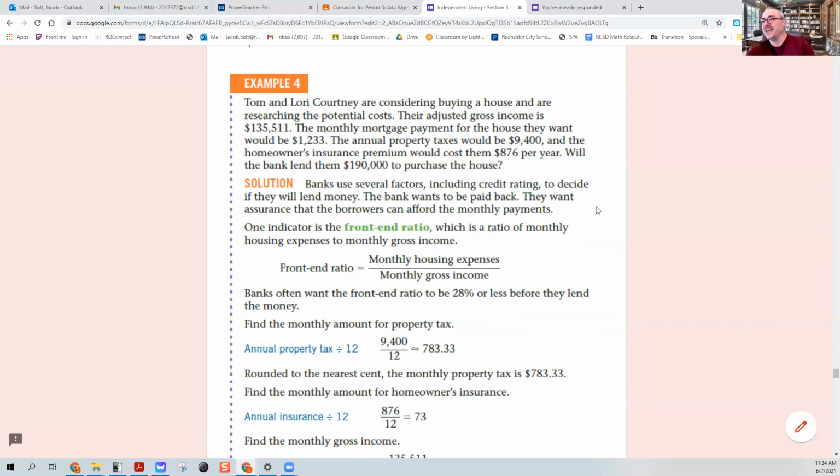All right. The bank wants assurance. That means they want to be guaranteed that the borrowers can afford the monthly payments. They do not want to lend money to someone who's not going to be able to pay it back. And so one indicator of whether someone can pay it back is the front-end ratio, which is a ratio of monthly housing expenses to monthly gross income.